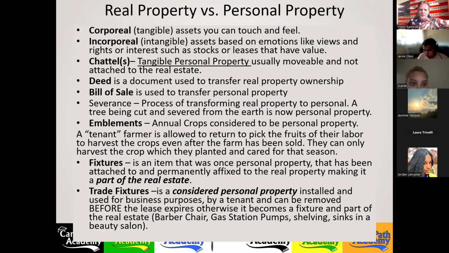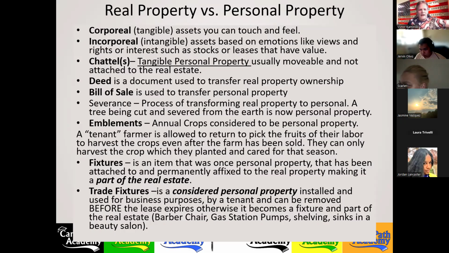You know, grass, bushes, trees. These are the items that come back every year on their own. You don't have to plant seed and they continue to grow. Emblements are things you have to plant the seeds for every year in order for those crops to grow. So they're considered to be personal property. So if you sell your property, you could take your emblements with you.